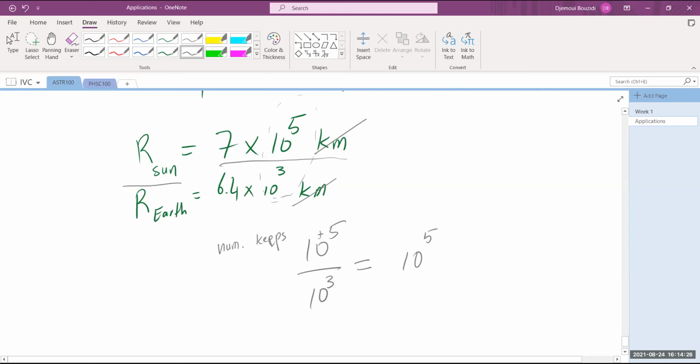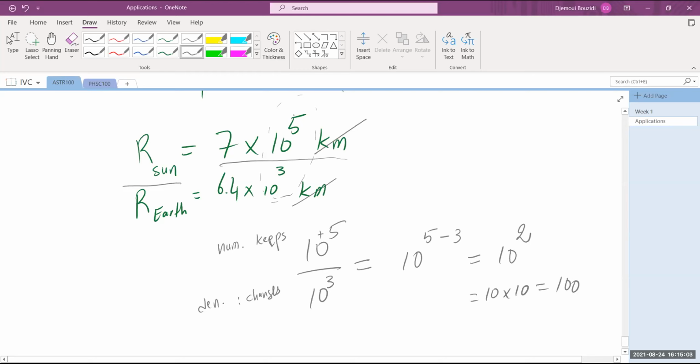If it's in the denominator, it changes sign: if positive, it becomes negative, and if negative, it becomes positive. That is the rule for the ratio of exponents. So I can do 5 minus 3, that's 2, 10 to the power 2, which is just another way of saying 10 times 10, which is 100.